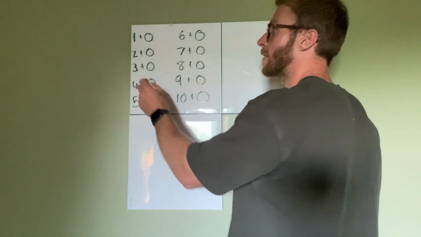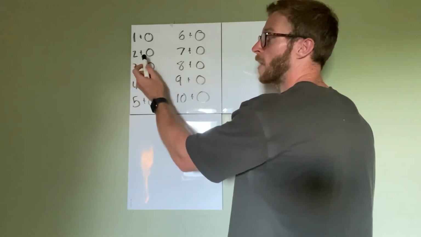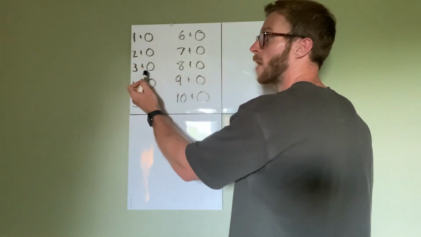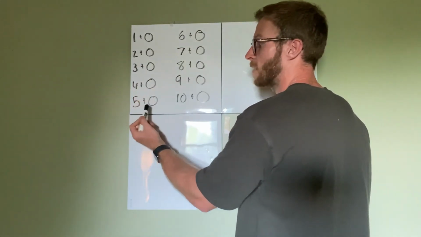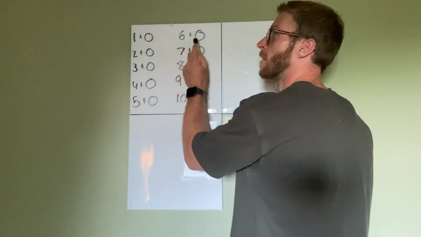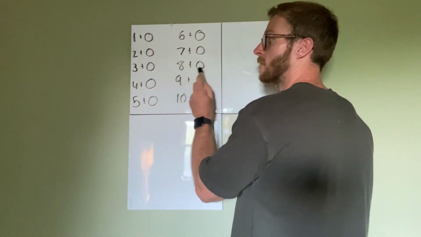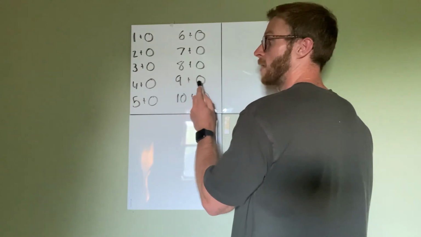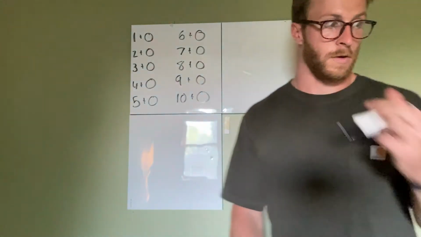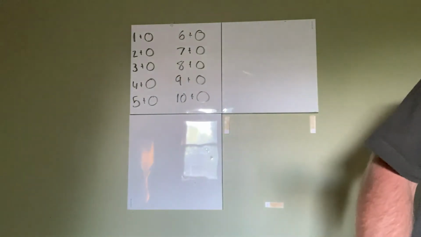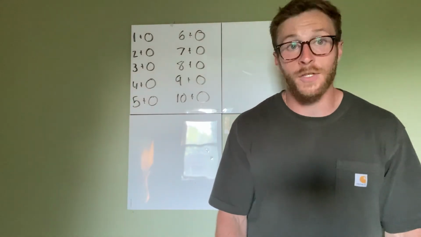Open up your ears and take a listen. 1 plus 0, 2 plus 0, 3 plus 0, 4 plus 0, 5 plus 0, 6 plus 0, 7 plus 0, 8 plus 0, 9 plus 0, and 10 plus 0. Okay, now, what was the same for each of those problems?